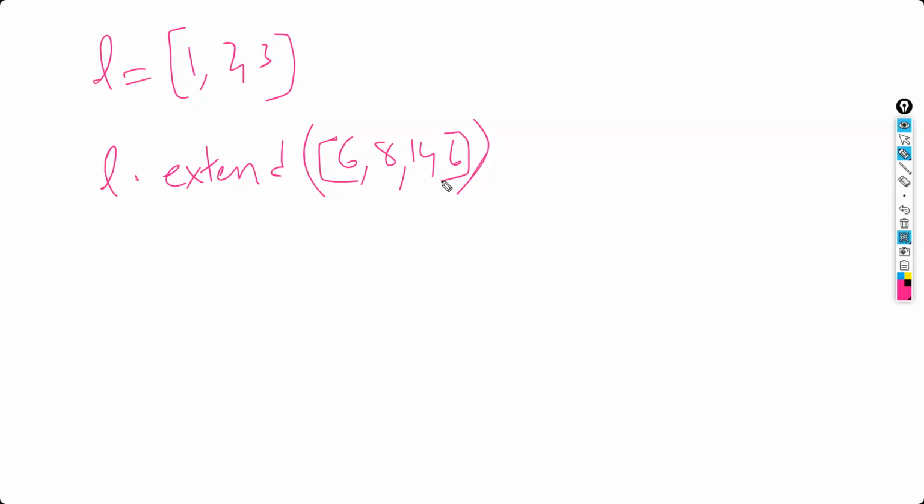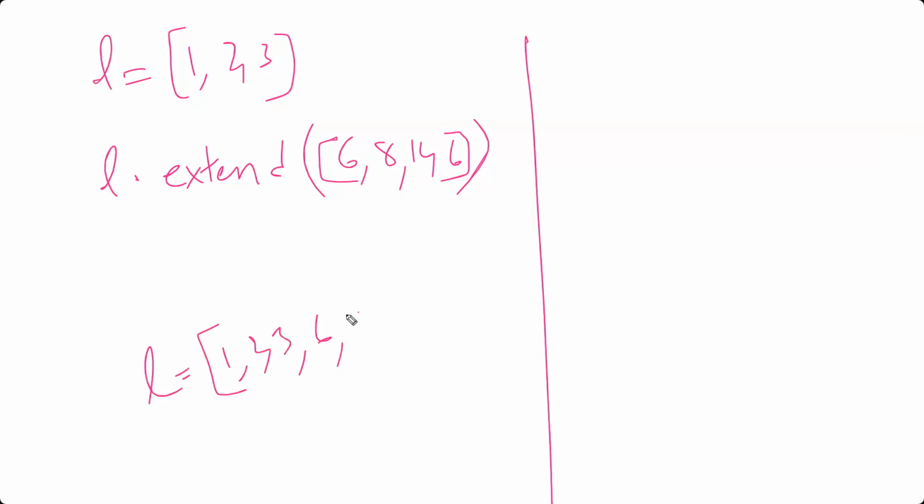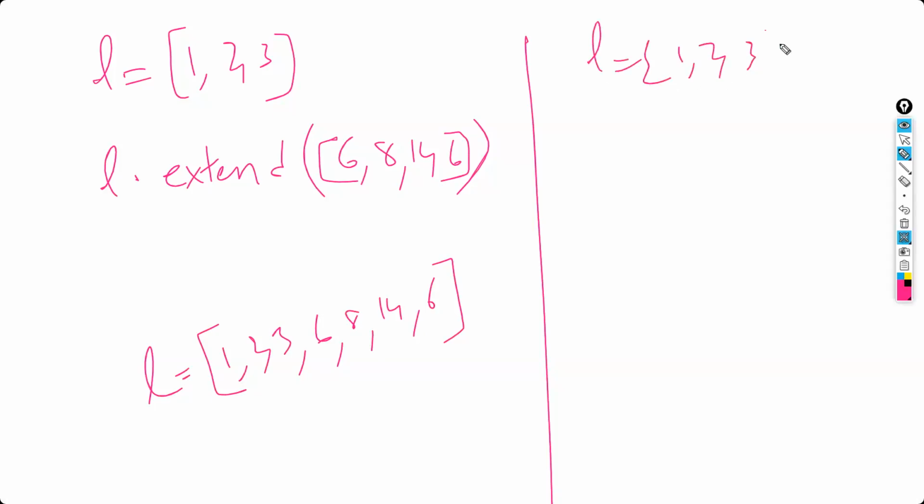Is the point clear? And you are going to get the output of L: 1, 2, 3, 6, 8, 14, 6. Why? Because it accepts the duplicate. Now the same thing, 1, 2, 3, it is a set. And here instead of extend, we are using the update. Same to same, 6, 8, 14 and 6.